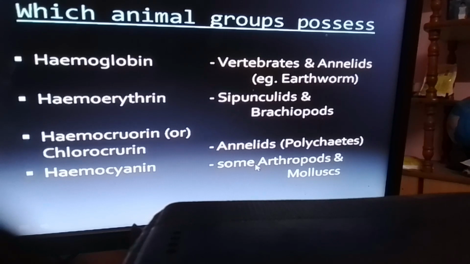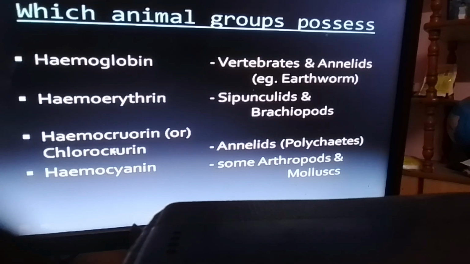Why is importance given to the prefix 'some'? It is not all the arthropods and mollusks. Only some specific groups or animals possess hemocyanin as their respiratory pigment. So here we have to mention with the prefix some arthropods and mollusks.